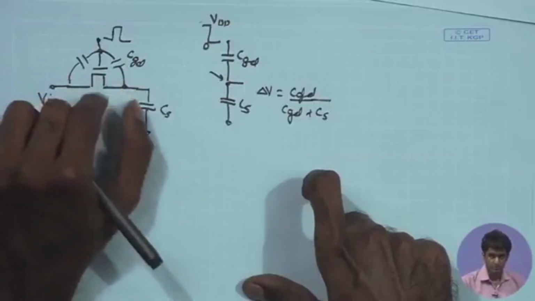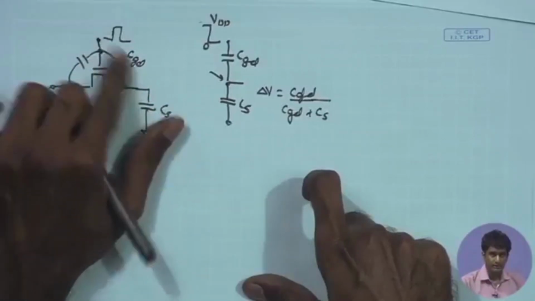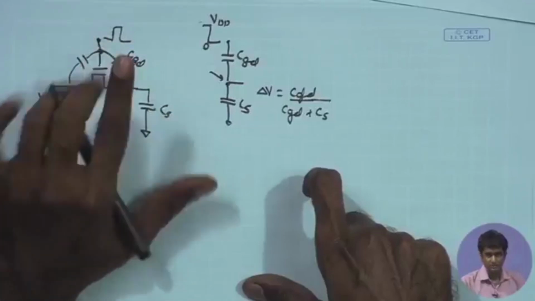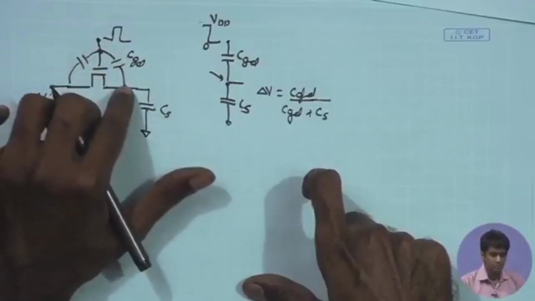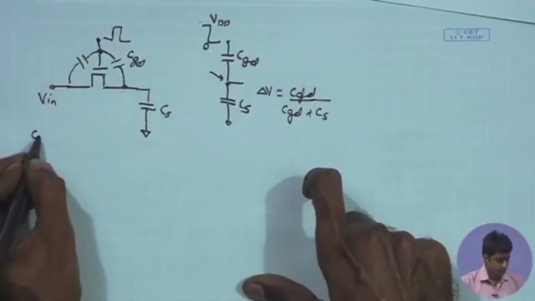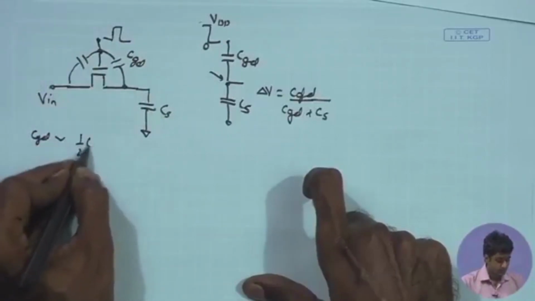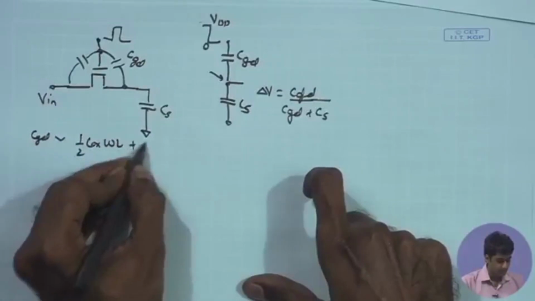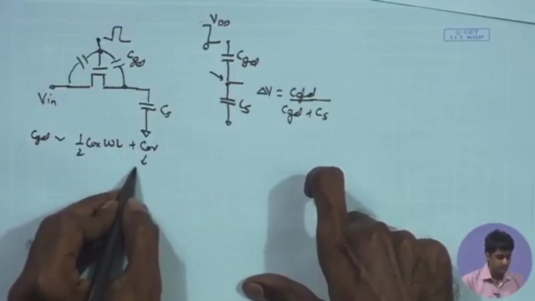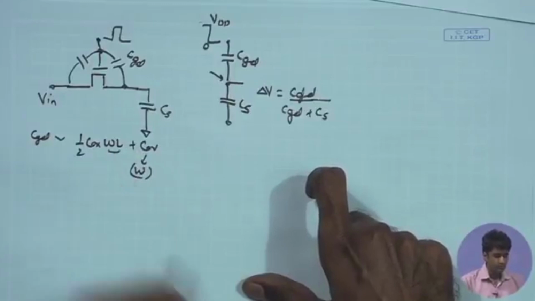So, therefore, it is also proportional to the length of the MOSFET. In the triode region, remember both CGS and CGD become almost similar, and CGD is proportional to 1 upon 2 COX WL plus the C overlap. This term depends upon the W of the MOSFET, and here of course you have WL.